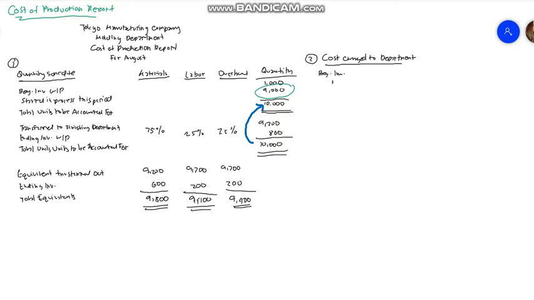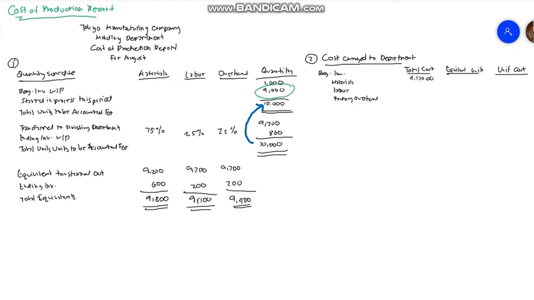So materials, labor, and overhead, the total cost. Let's put on total cost. And then equivalent units and unit cost.